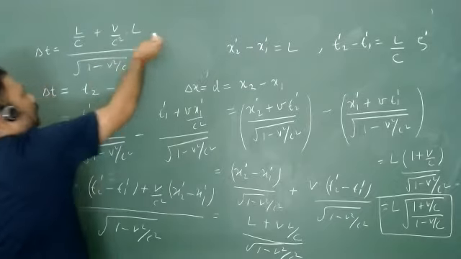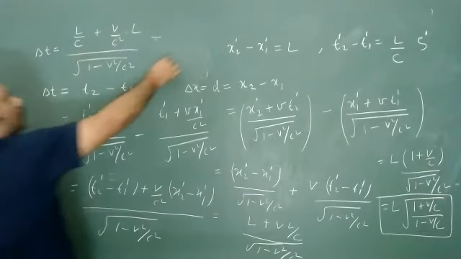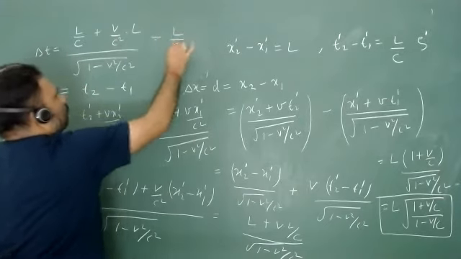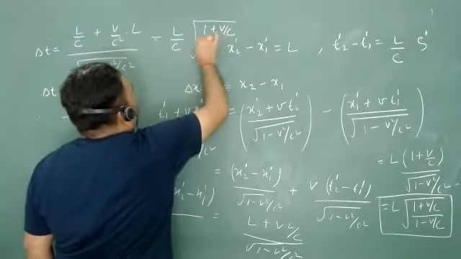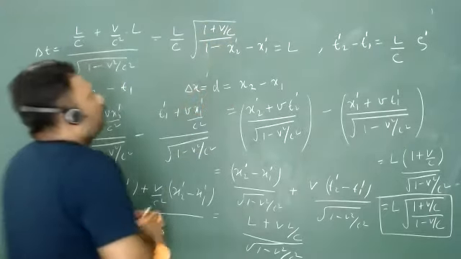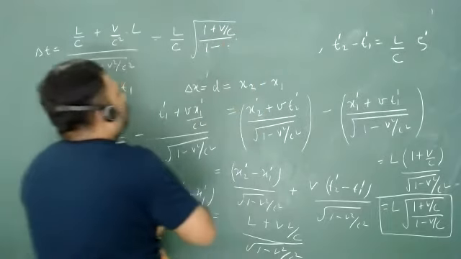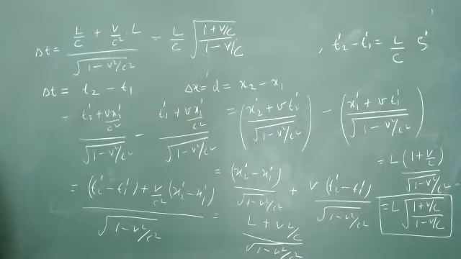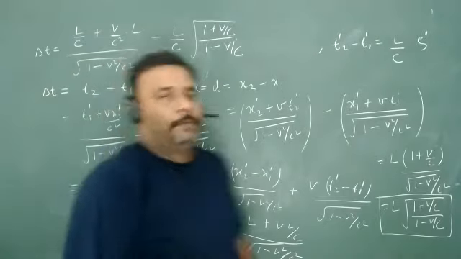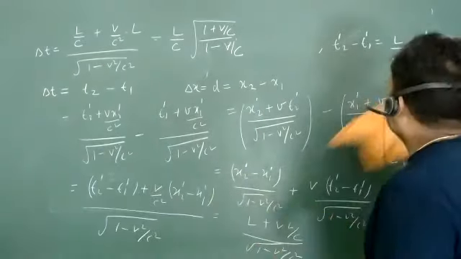And if you simplify this, you can take L upon c common, and what we have is 1 plus v/c over root of 1 minus v²/c². Yes. Now, look at the beautiful part.